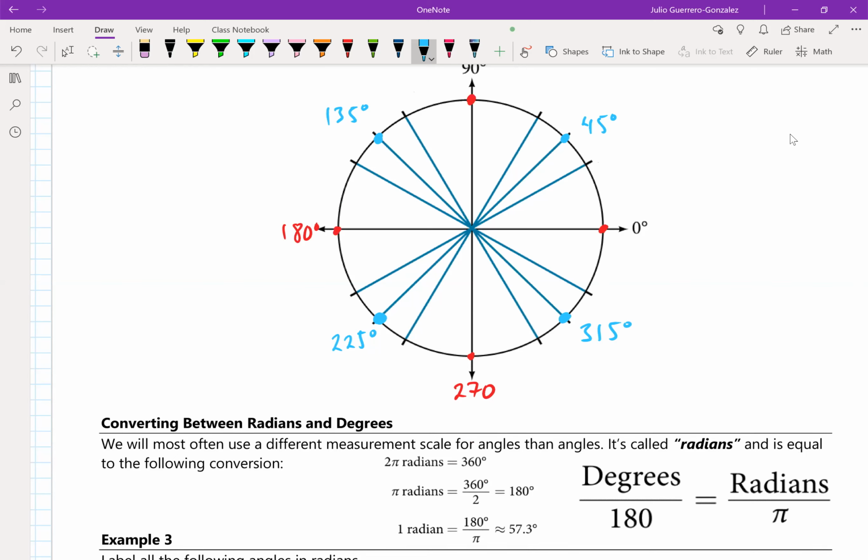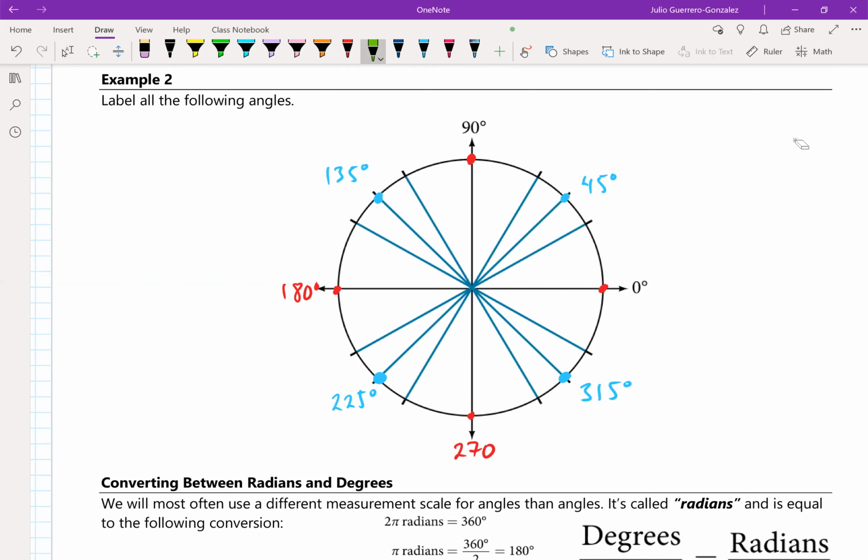Make sure I did my math right. Yep. And notice how we figured those out. This angle right here is 45 degrees, just how this angle right here is 45 degrees, and 45 degrees. Coolio.